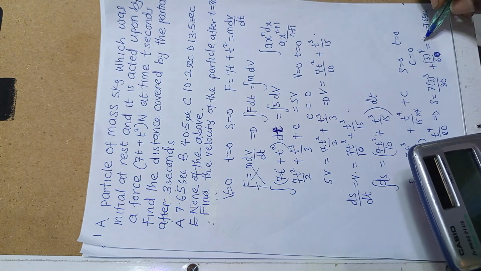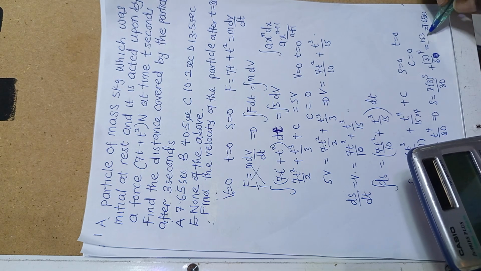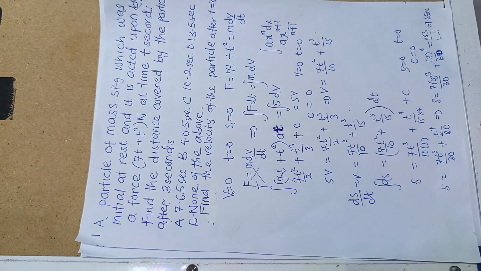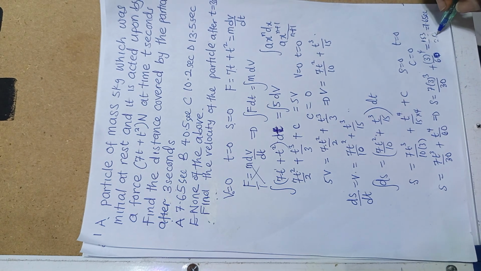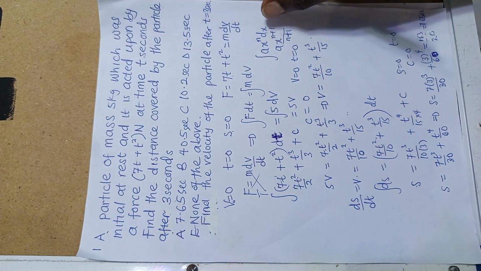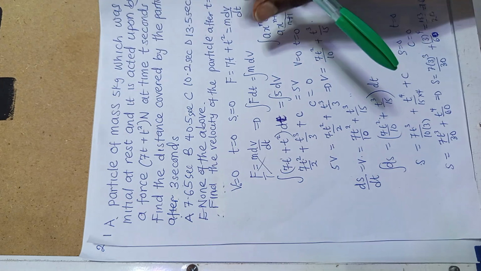So 153 over 20. That's what I want to have. 153 over 20 is equivalent to 7.65. So that one is clear. So option A is your answer.